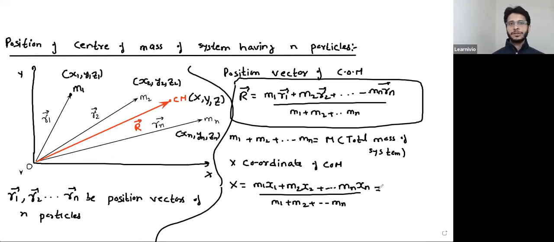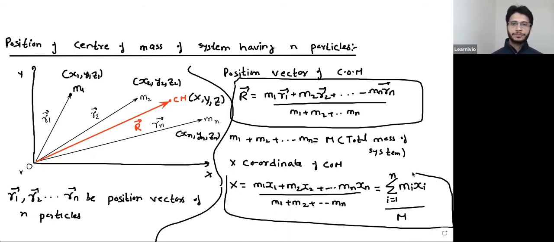This is the x coordinate of center of mass. Or you can write this as summation of mi xi, i equal to 1 to n, divided by the total mass of the system. This is the x coordinate.